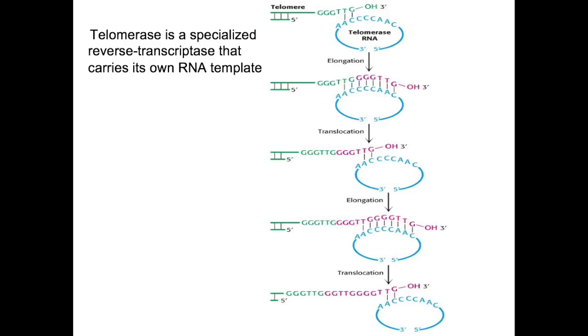So the telomerase finds the telomere, it binds, and it uses its own RNA template and the reverse transcriptase to make DNA to extend the telomere. And then once the telomere is formed, it folds on itself to make the end of the chromosome.